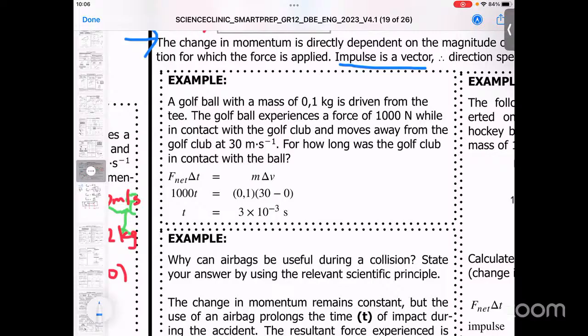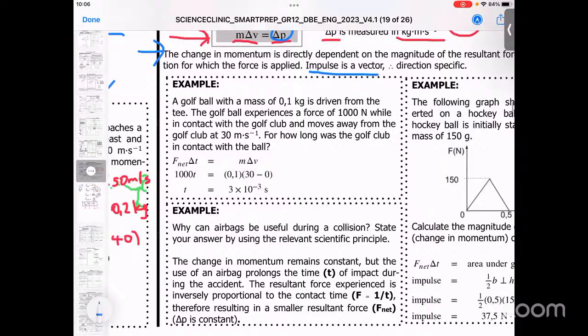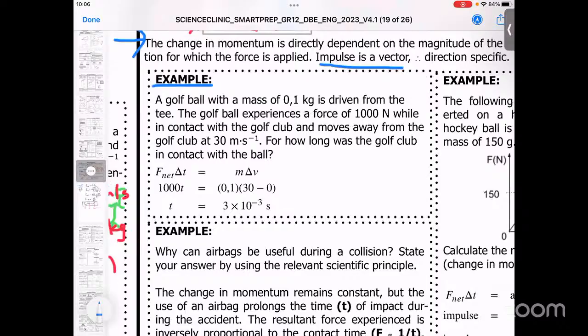Okay. So now let's see. Here is an example that we can have a look at, where they are talking about a golf ball with a mass of 0.1 kg that is driven from the tee. The golf ball experiences a force of 1000 Newton while in contact with the golf club, and moves away from the golf club at 30 meters per second.